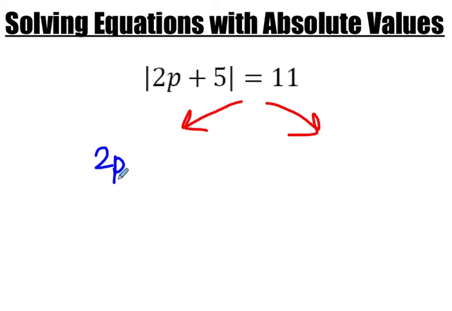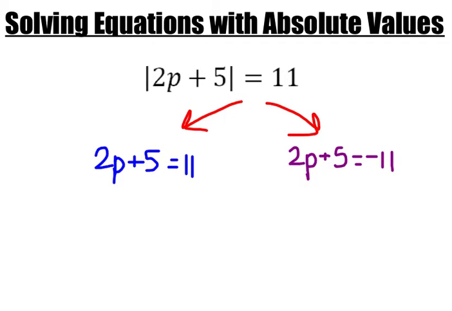So we will have 2p plus 5 equals 11. And for your second equation, you're going to get rid of the absolute value bars and then change the number on the other side to a negative. So we will have 2p plus 5 equals negative 11.